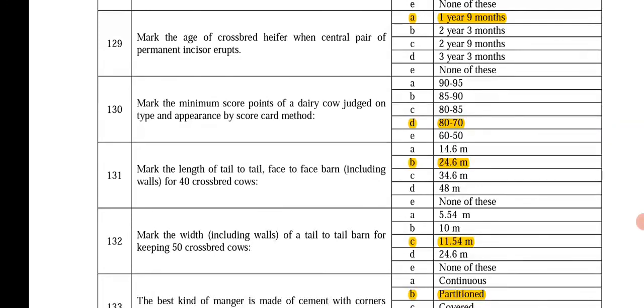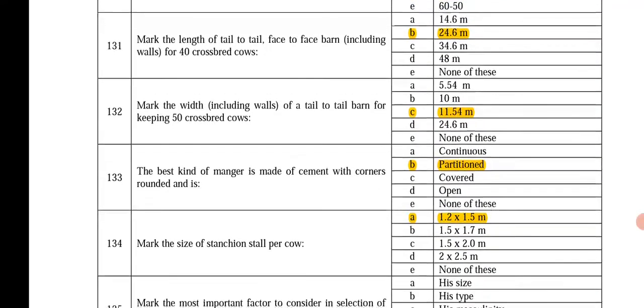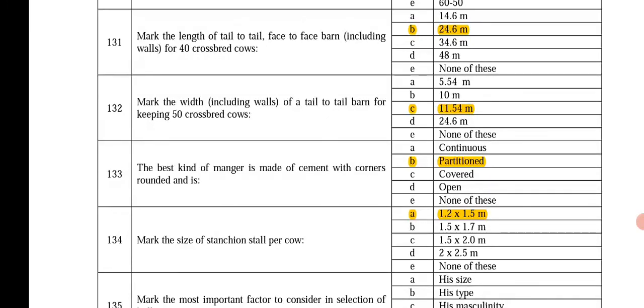Mark the length of tail to tail, face to face barn including walls for 40 crossbred cows. 24.6 meter. Mark the width including walls of tail to tail barn for keeping 50 crossbred cows. 11.54 meter. The best kind of manger is made of cement with corners rounded and is partitioned.